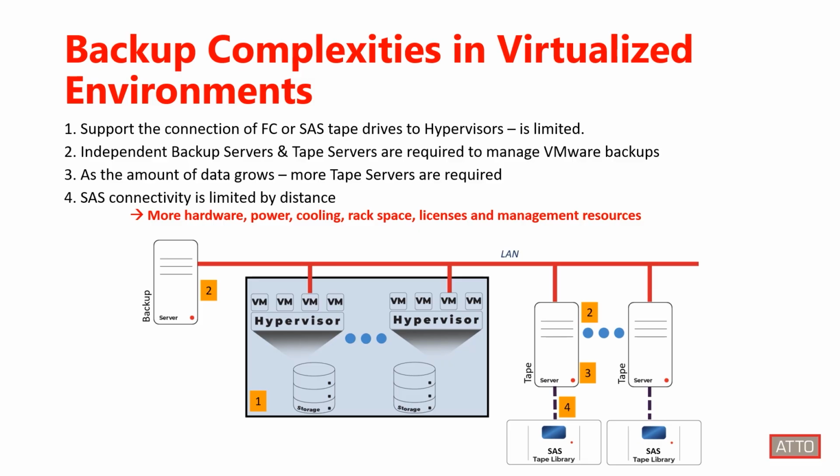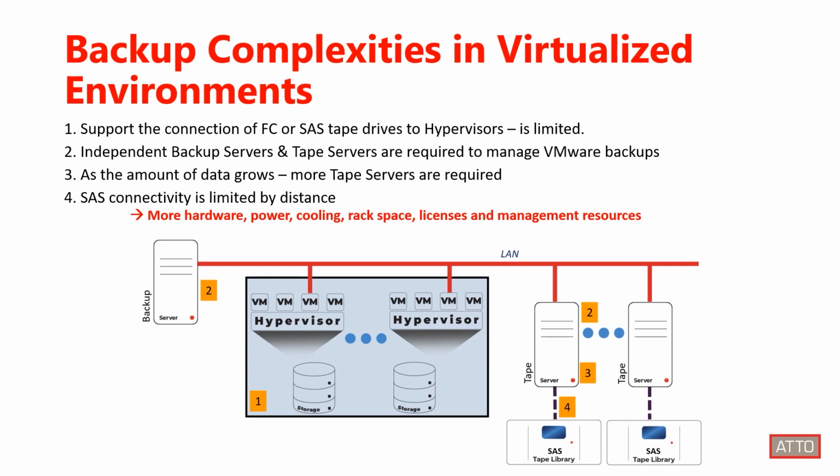One of the challenges that IT administrators have with VMware is that it does not support the use of direct path I/O to connect SAS tape drives to ESXi hosts. Put simply, you can't run your backup software on a virtual machine. A separate backup server is needed to manage the backups and restores, and tape servers are needed to connect to the tape drives and move data.